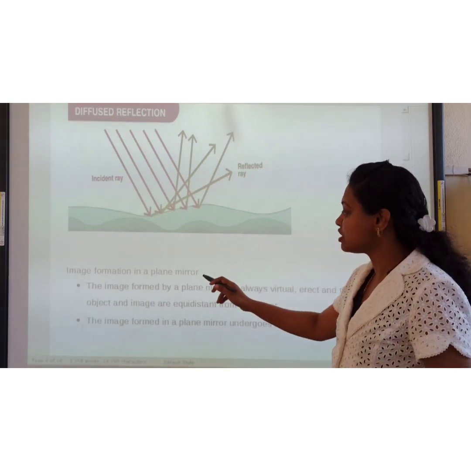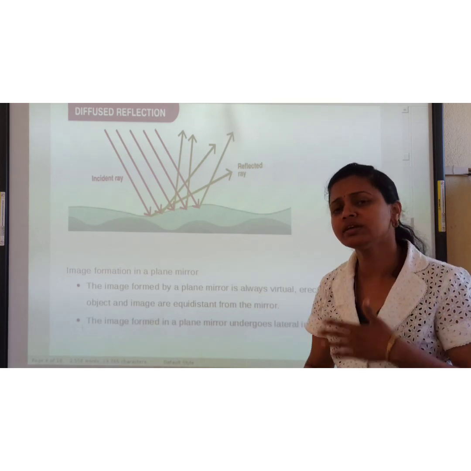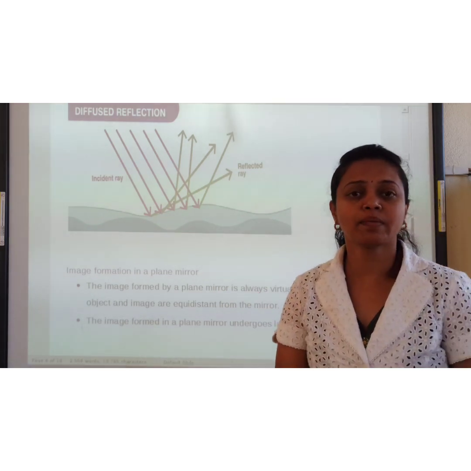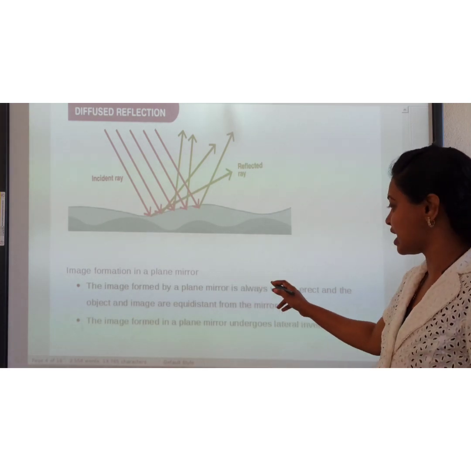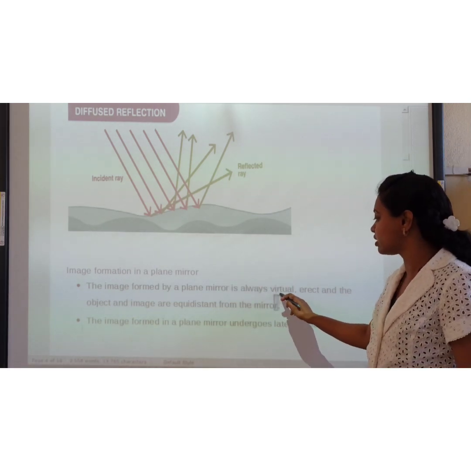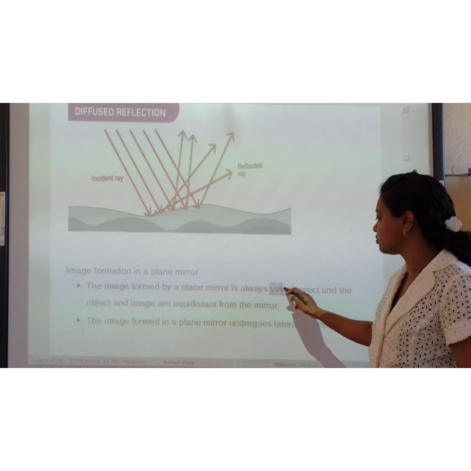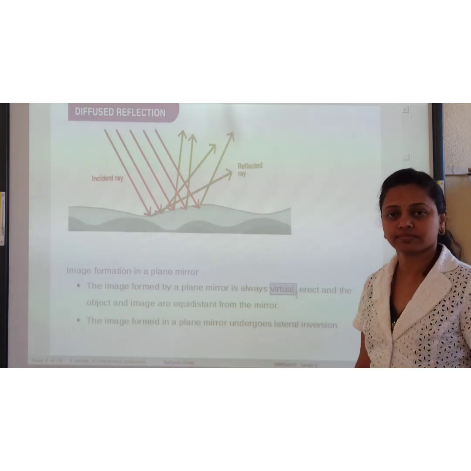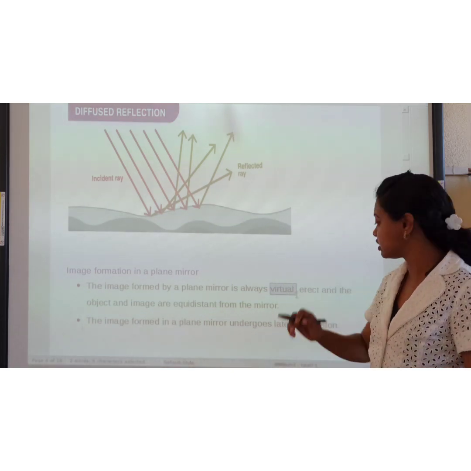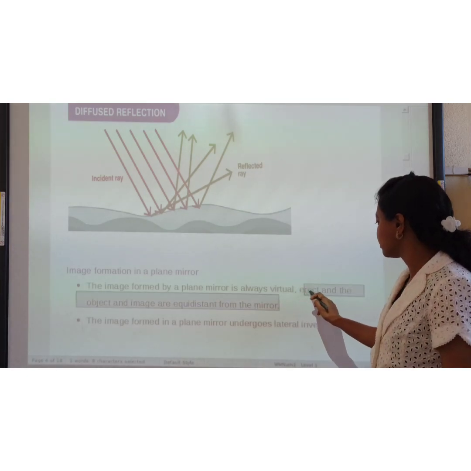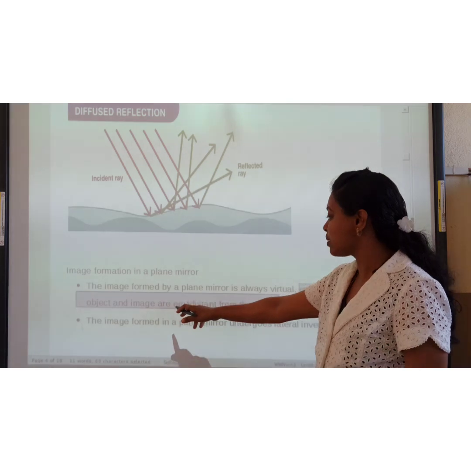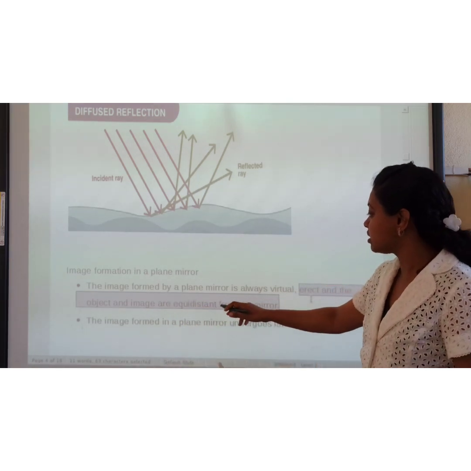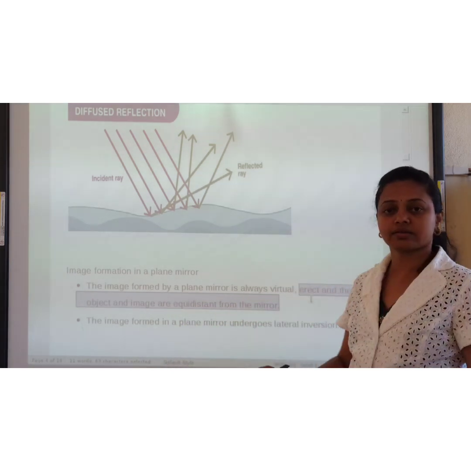Okay. Now the image formation in a plane mirror. How will the image formation be in the plane mirror? The image formed by a plane mirror is always virtual. You want to remember this word, virtual. Erect, straight, and the object and image are equidistant from the mirror.